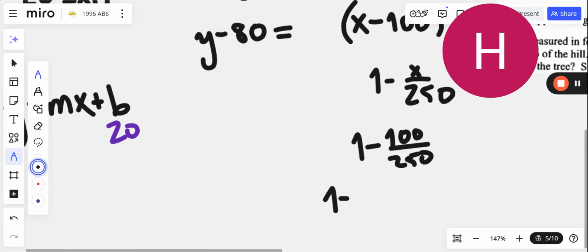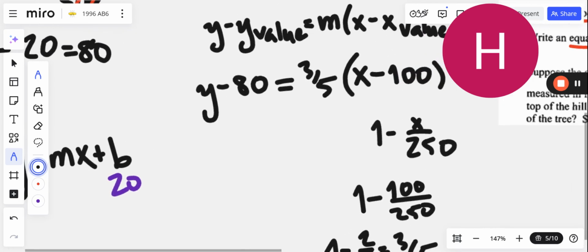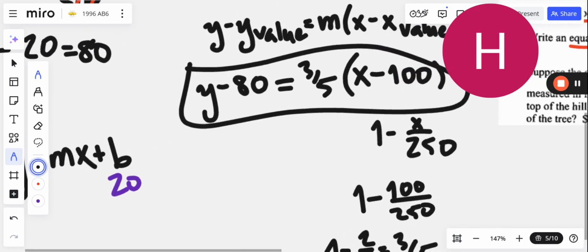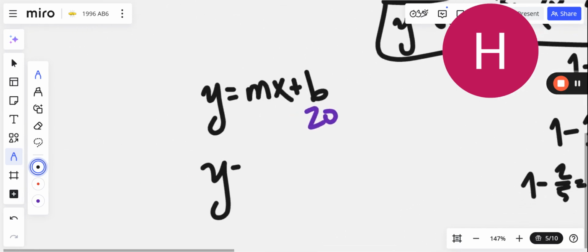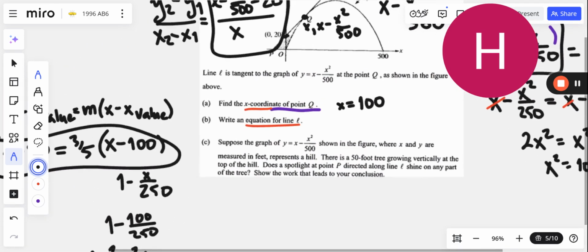That's 2/5, which leaves me with 3/5. That is the slope. And if you want it in y equals mx plus b format, even though this is totally acceptable, you can say y equals 3/5 x plus 20. That's the equation of that tangent line at point Q. Or is that the point? Point Q, yeah.